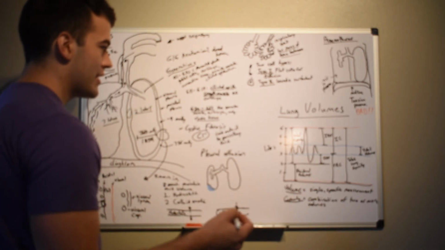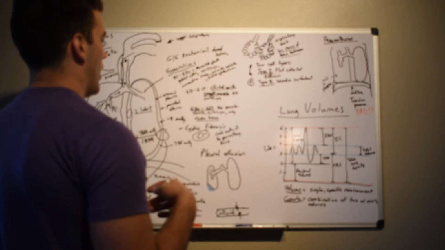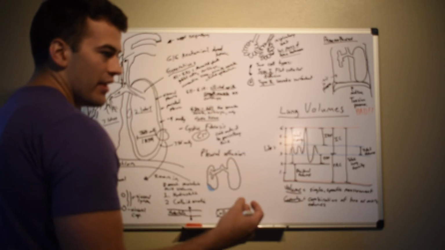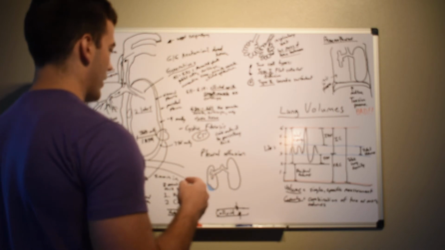In between our lungs and our thoracic wall, we actually have something very, very important. It is our pleural space, and it is lined by our visceral and parietal pleura. Okay?